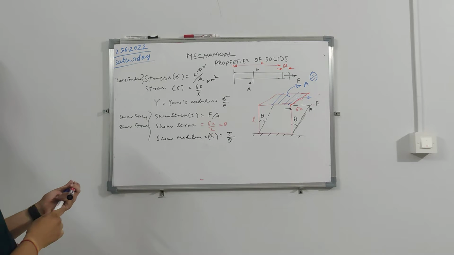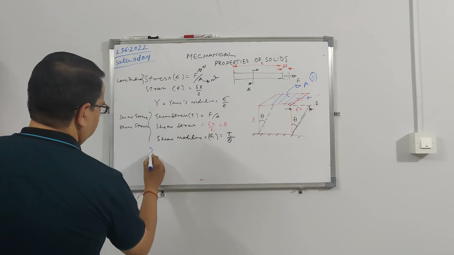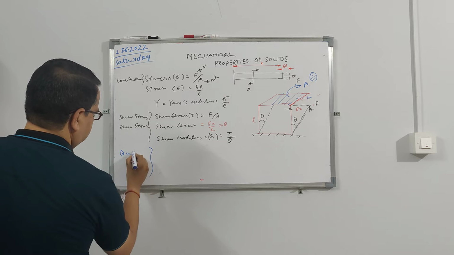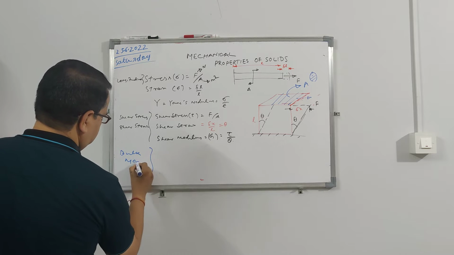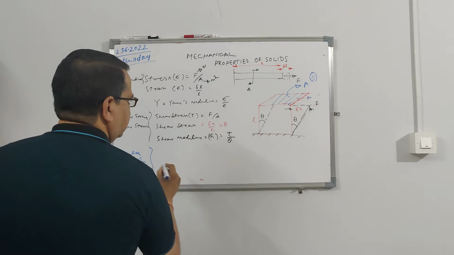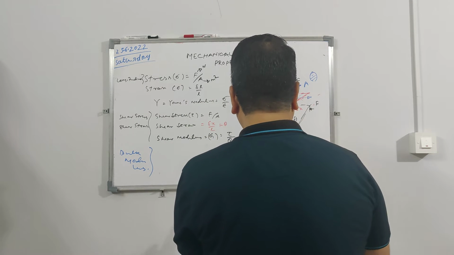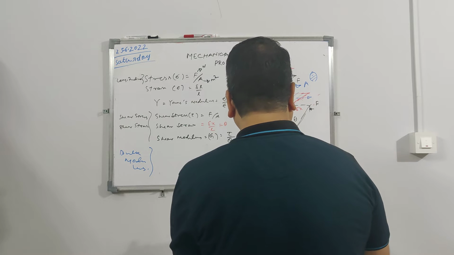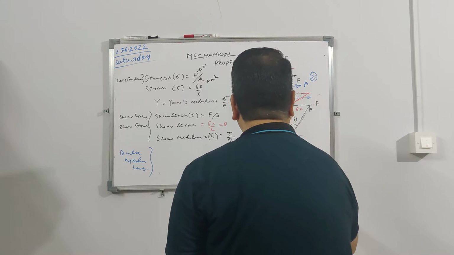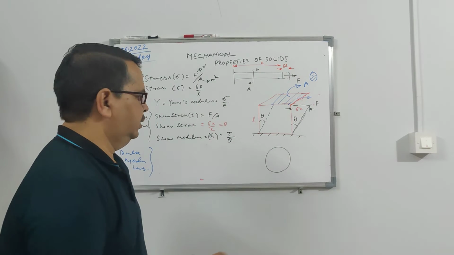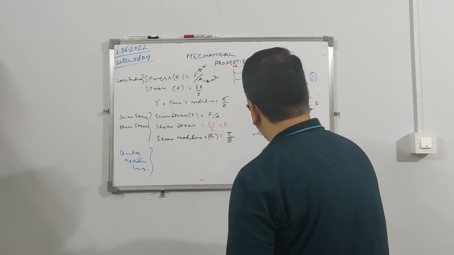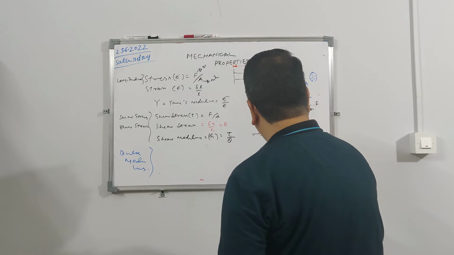Then there is something called bulk modulus. You can put the picture like this. You have some volume, and you are applying some pressure.